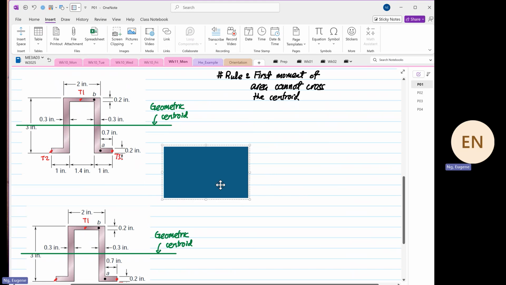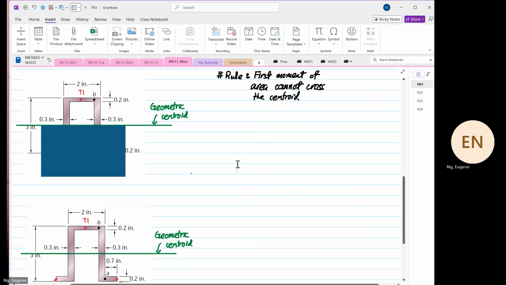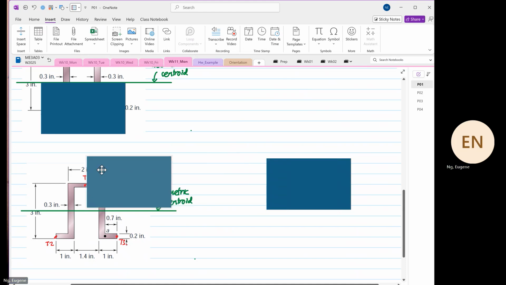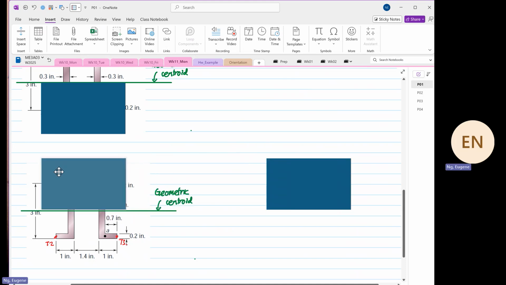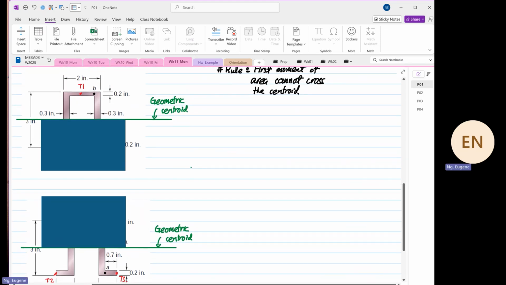So we can cover the bottom part, right? And then the other end, we can cover the top part. Because it states that the first moment of area cannot cross the centroid.